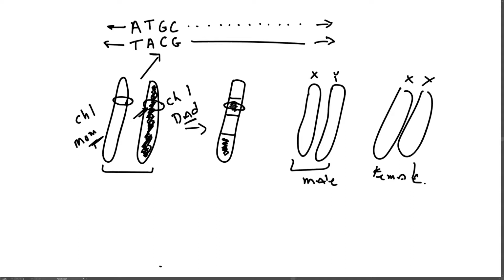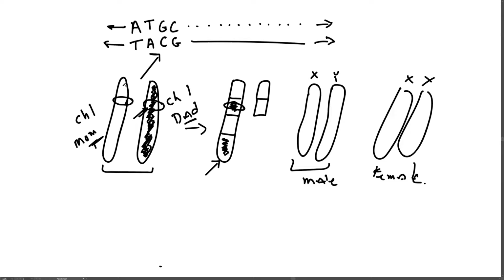It's possible in the process of homologous recombination, in the formation of this chimeric chromosome, that there's an issue. So we have a portion here, let's say from mom again, but it turns out that this region here is also from mom.